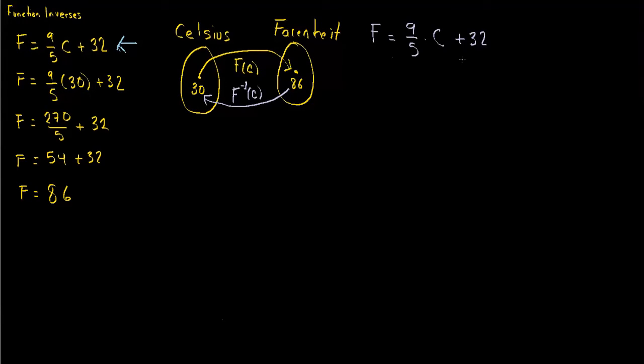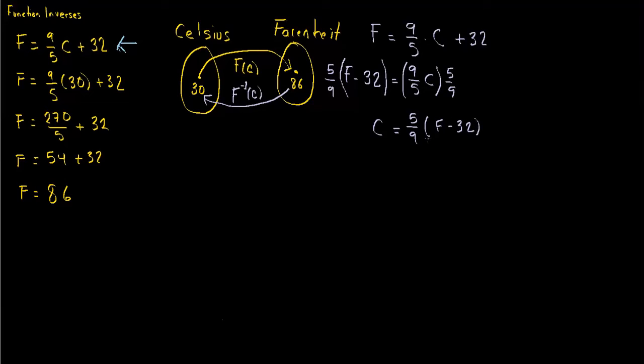First, I'm going to subtract 32 from both sides of the equation: F minus 32 is equal to 9/5 times C. Now I'm going to multiply both sides of the equation by 5/9, and then I get C equal to 5/9 times F minus 32.